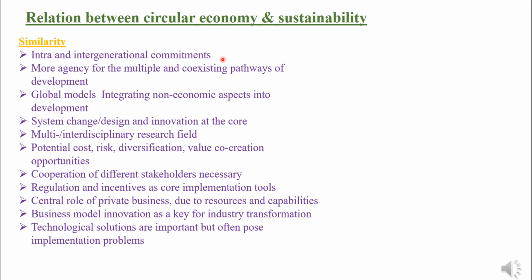More agency for multiple and coexisting pathways of the development. There are more agencies which can do the pathways development for both. Global models integrating non-economic aspects into development. Both require global models to be implemented, on non-economic aspects.